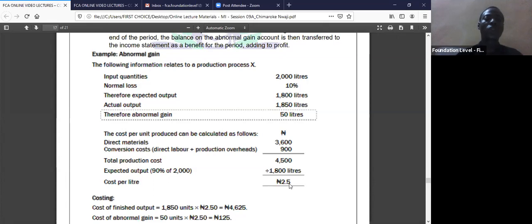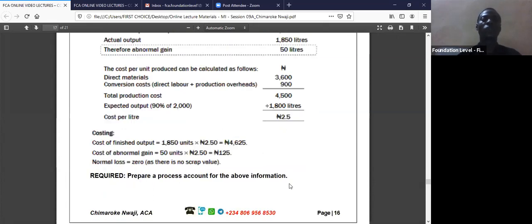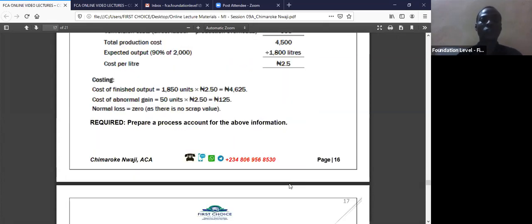So cost of finished goods is supposed to be your output, 1,850 times 2.5 as stated here, which gives you 4,625. Now, cost of abnormal gain, that 50 units, you have to still multiply by 2.5 to get 125.